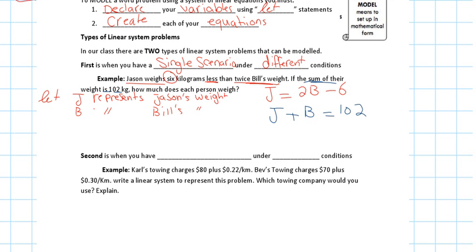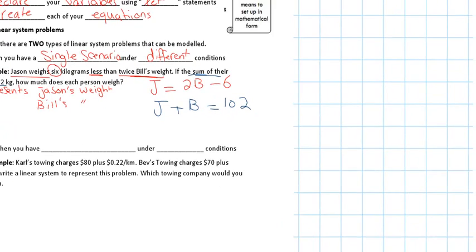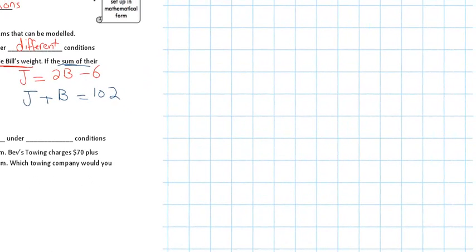Okay, so let's graph this. Even though the question is not asking us to graph it, let's graph it. Why not? Now, J is already on one side by itself, so I want to leave J on this side and then B on this side, okay? So for this equation, if I bring B over, what does it become?